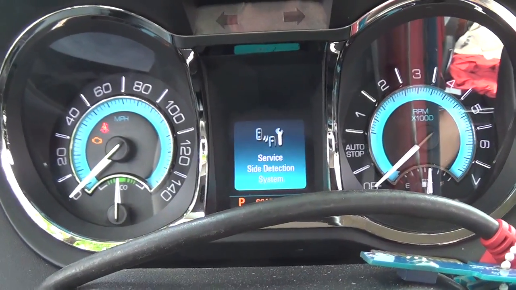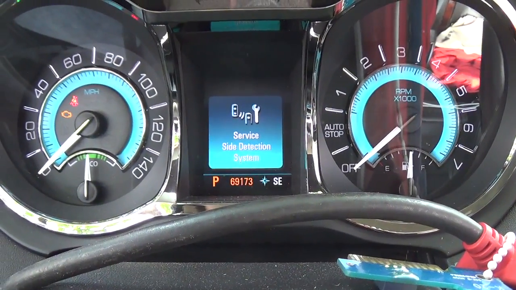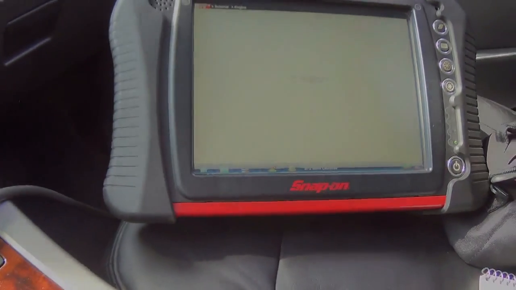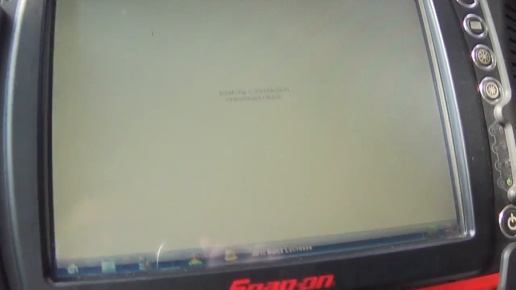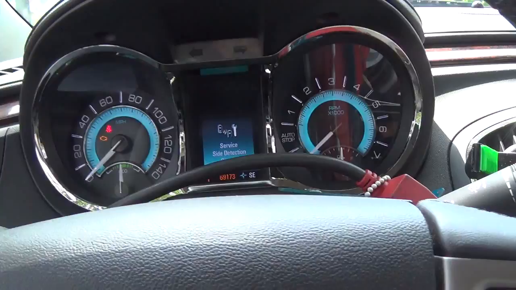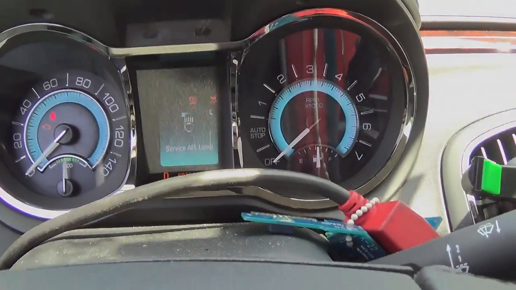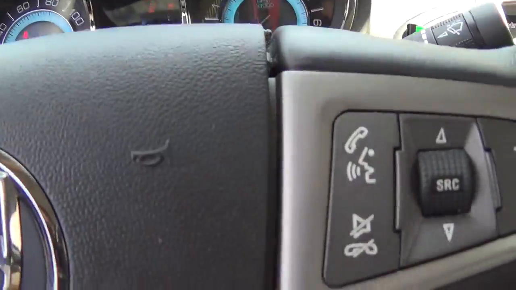So there's just one problem that explains these like 20 different codes. So it looks like right now we have a no-com. I'm trying to talk to this thing, like the PCM, and it's not happening. So now our gauges stopped working.